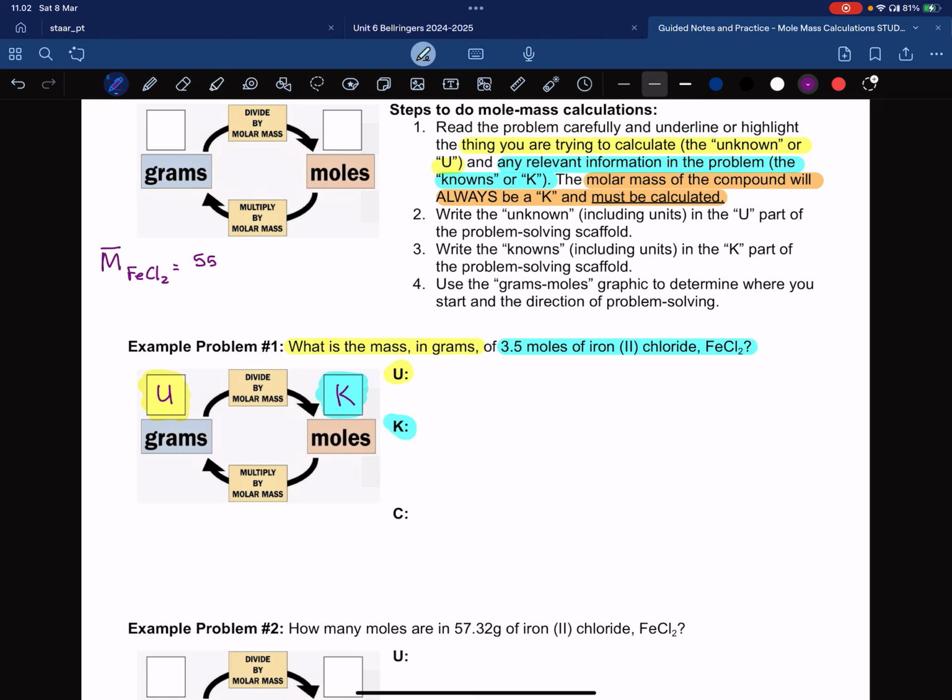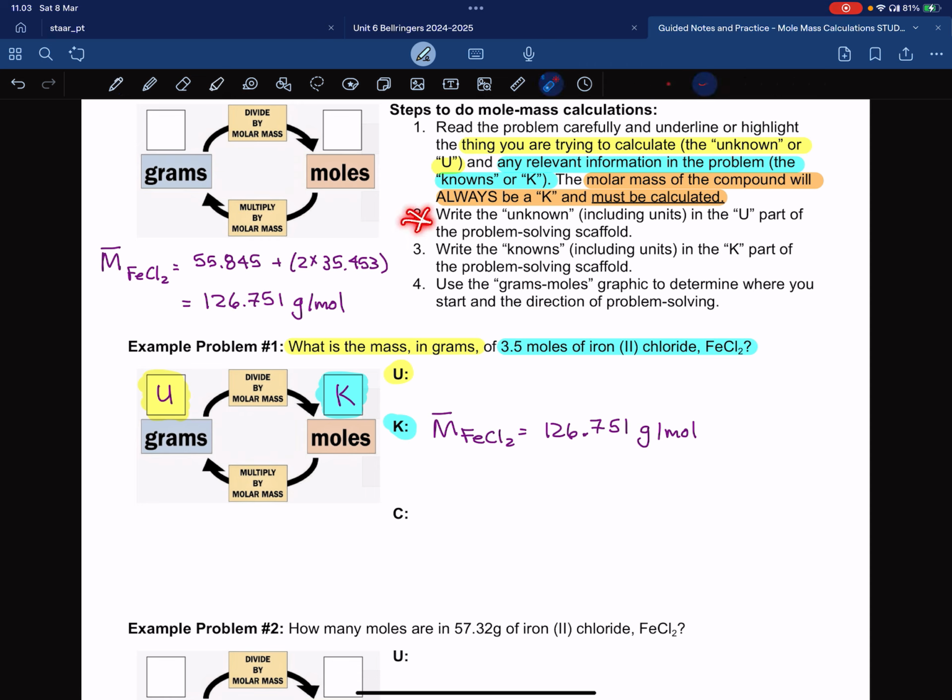You've got 55.845 grams per mole iron plus 2 times 35.453 grams per mole chlorine, and that turns out to be 126.751 grams per mole. So that's going to be your first known. The molar mass of iron 2 chloride is 126.751 grams per mole. Every number has a unit every time.